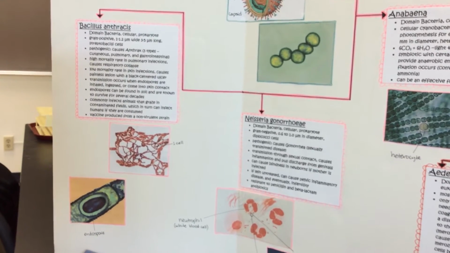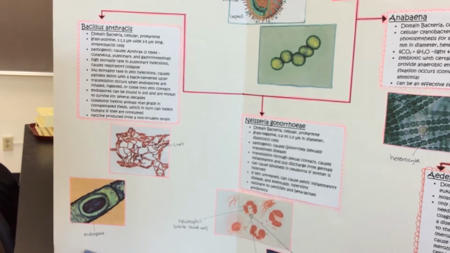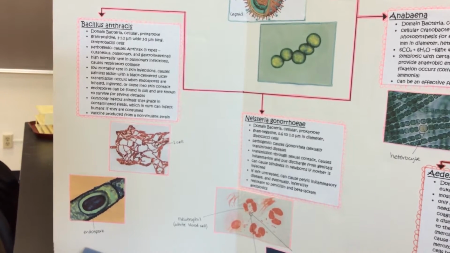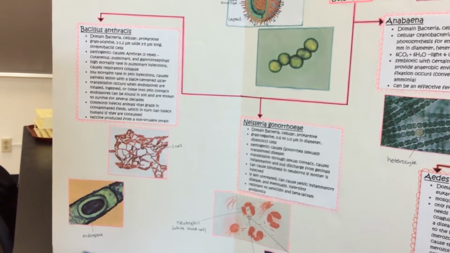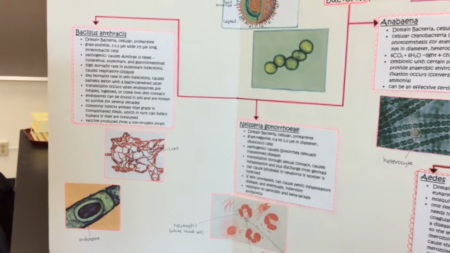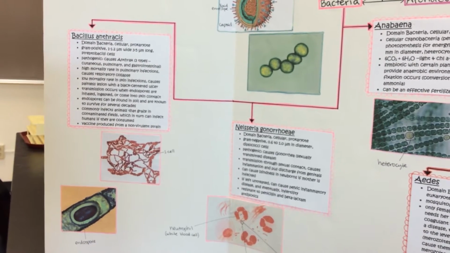So if we were to inhale the endospores, they would germinate, giving rise to metabolically active bacteria that would start pumping out toxins that potentially could kill us. So that would be inhalation anthrax. If endospores get into a cut in our skin, we can develop cutaneous anthrax.